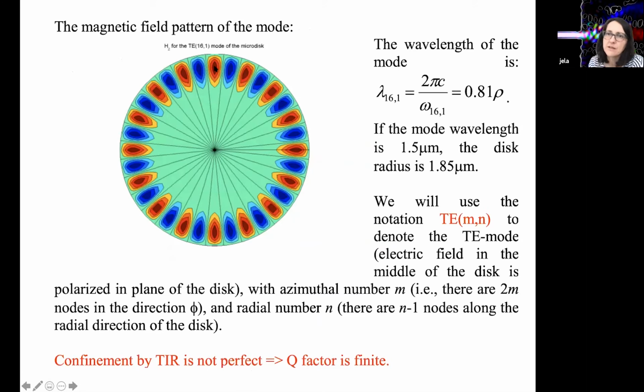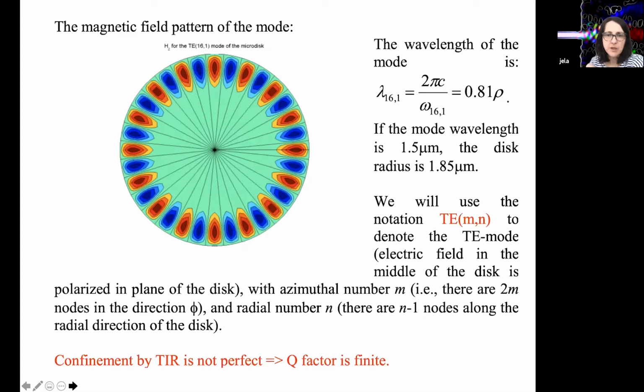If this is the one that we plotted for cosine 16 phi, the other one would look just rotated, slightly. It would have maxima where the other one has zeros and vice versa. Those are the two degenerate modes and they have exactly the same frequency.